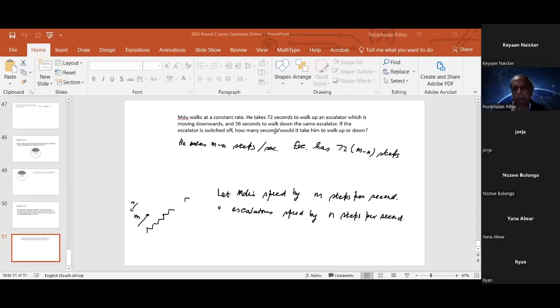Because it takes him so many seconds to get right to the top, 72 seconds. So he has to climb up that escalator. Now, when it is moving downwards, it's going faster now.